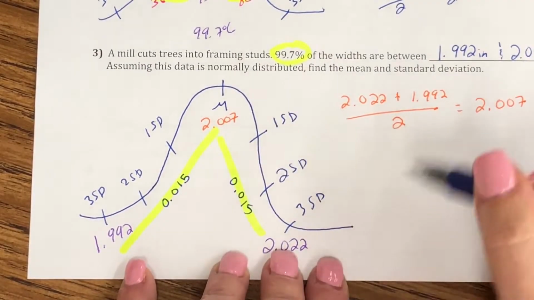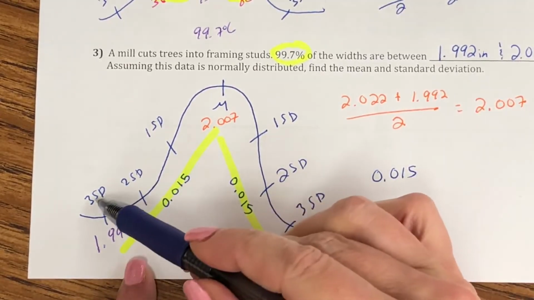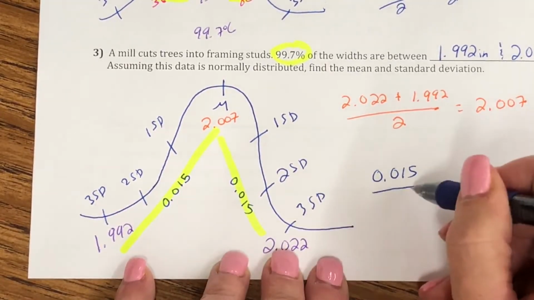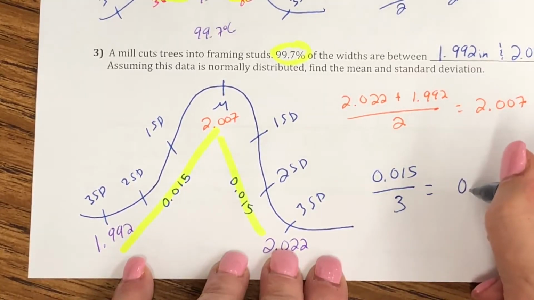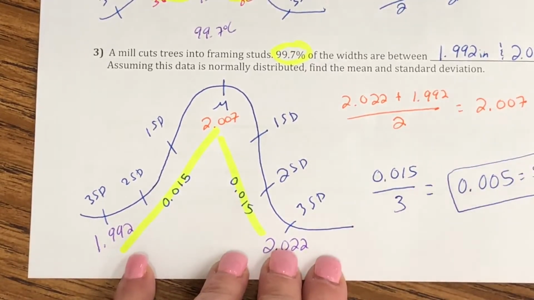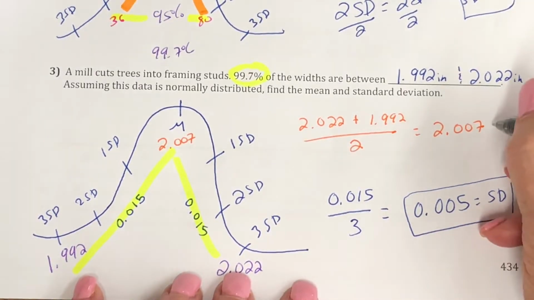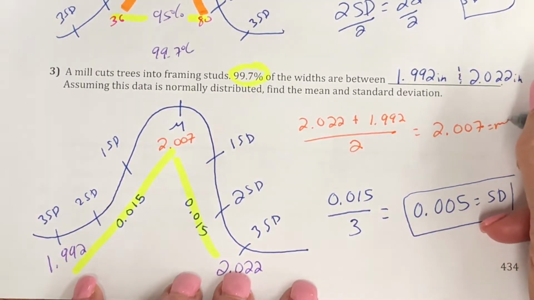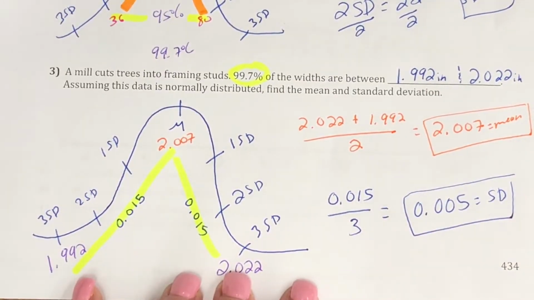So I have 0.015. That is 3 standard deviations away. So I'm going to divide by 3 to find out how far 1 is. And I get 0.005. So that's my standard deviation. And my mean is 2.007. Those are my two answers.